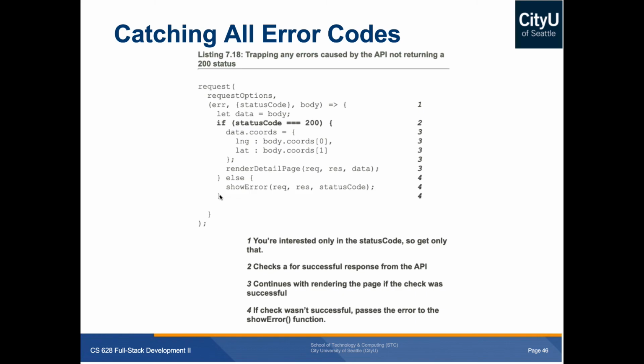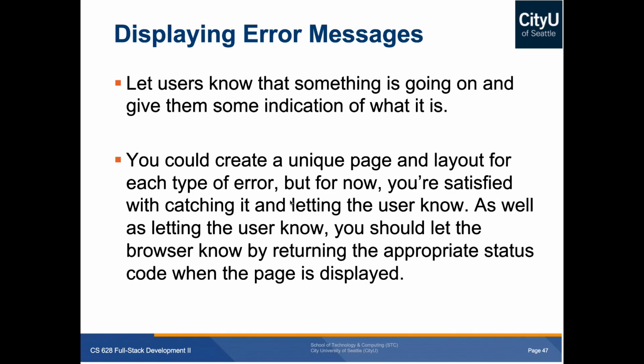If not, instead of creating your own error here, just call the show error function. Okay, so you can let the user know what is going on with the errors, and you can also create a unique page. Remember, like the 404 page not found, you can create that page as well.